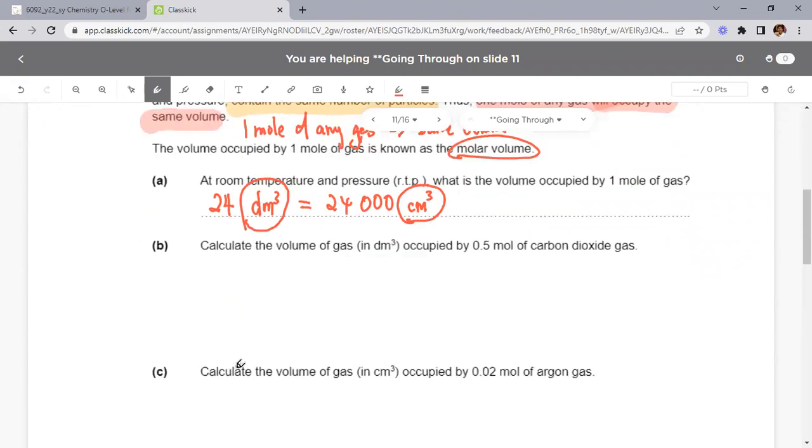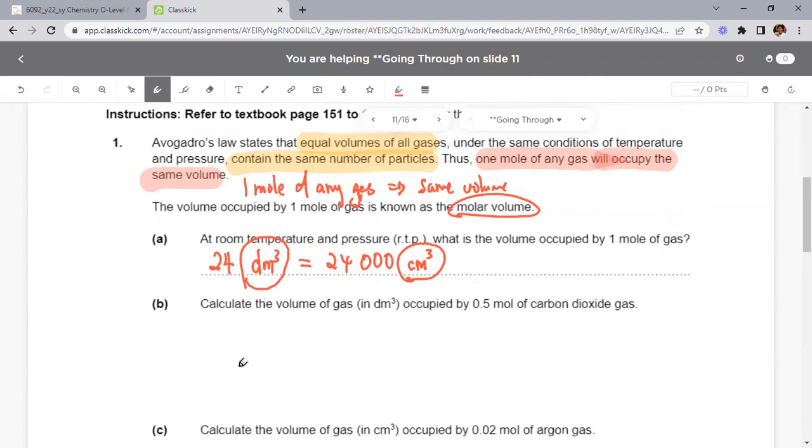So part B, it's really proportional. Calculate the volume of gas occupied by 0.5 mole of carbon dioxide gas. I know that 1 mole of any gas, if it's CO2, will occupy 24 dm cube.